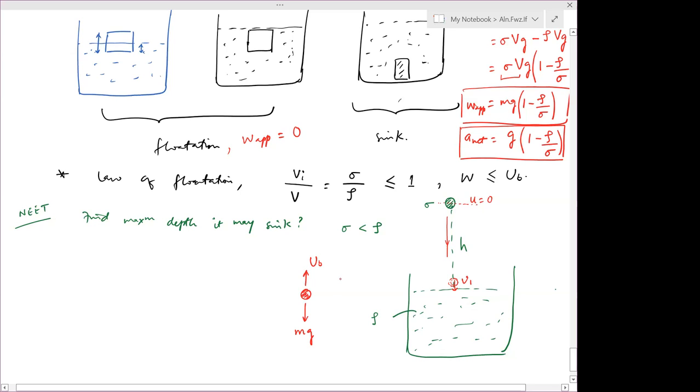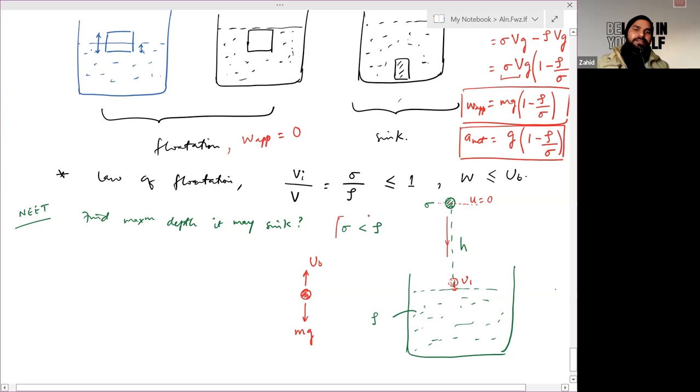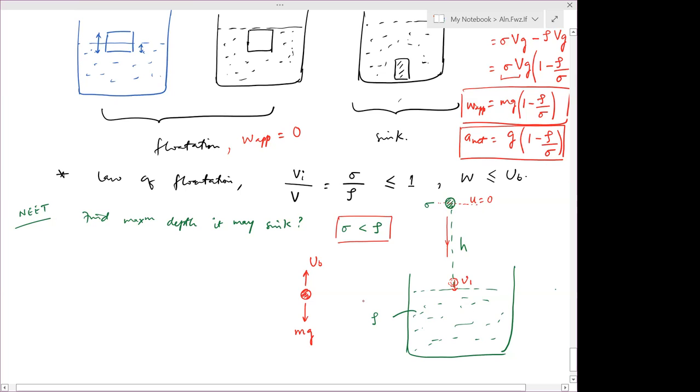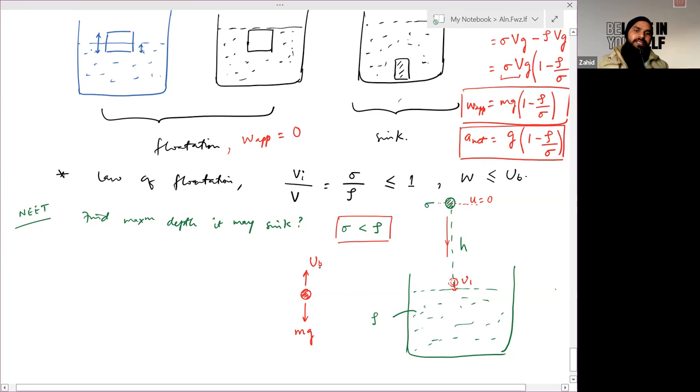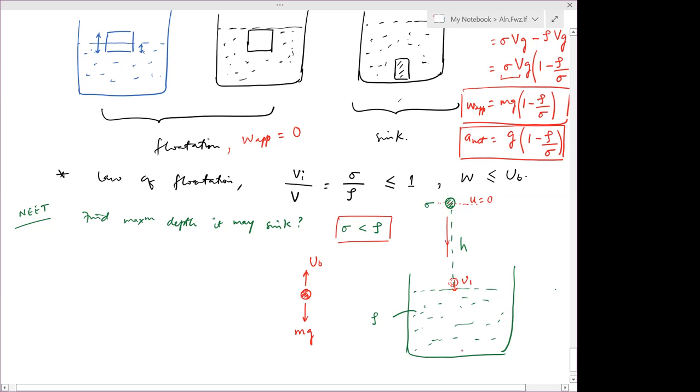Since the density of the object is small as compared to the density of the liquid, it means the buoyant force will be stronger. Otherwise, if weight were stronger as compared to the buoyant force, it would sink to hit the bottom surface.